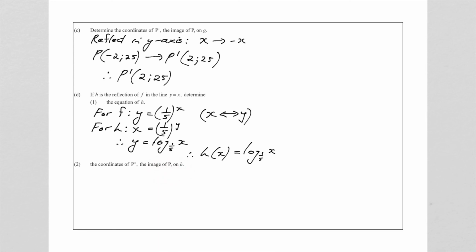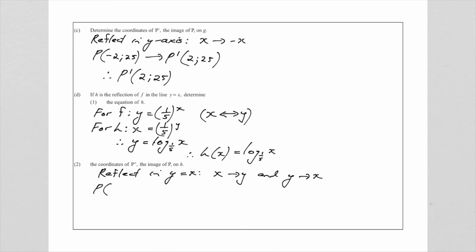Now, to get to h, you will remember we swapped x and y. So x becomes y and y becomes x. So that means it's a reflection in y equal to x. And to do this, we're going to reflect that point P in y equal to x. And that is where x will become y and y will become x.